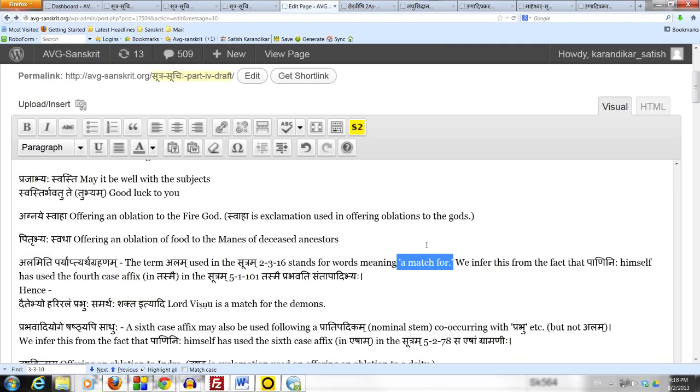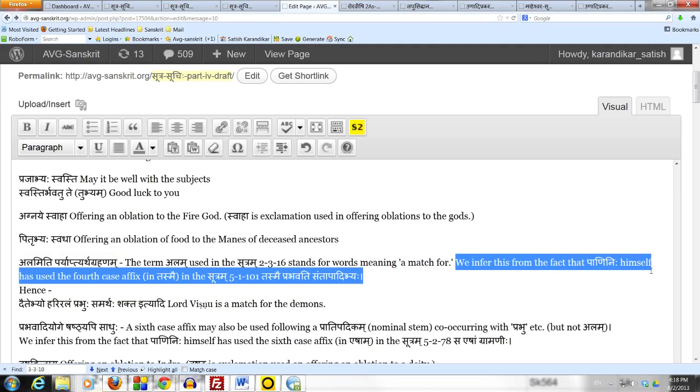And the second thing is that any word which has this meaning of a match for or sufficient for qualifies for application of this sutram. Now how do we know this? We infer this from the fact that Panini himself has used the fourth case affix in tasmai in the sutram 5.1.101, Tasmai prabhavati santapadebhyaha.